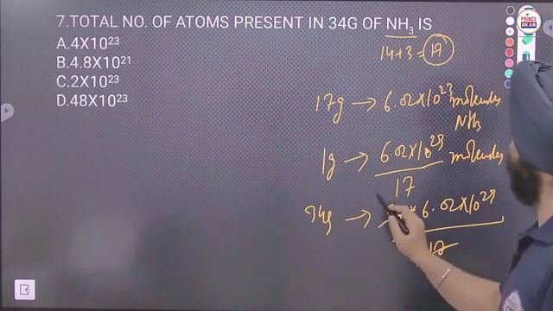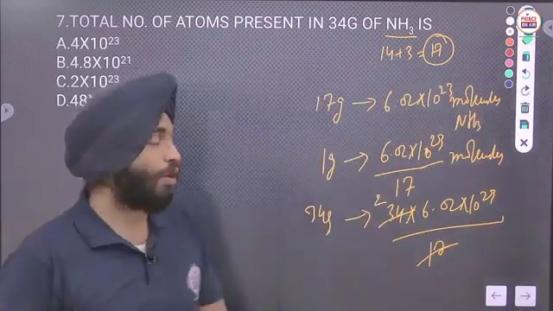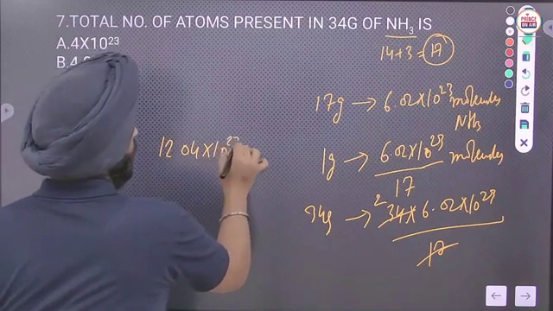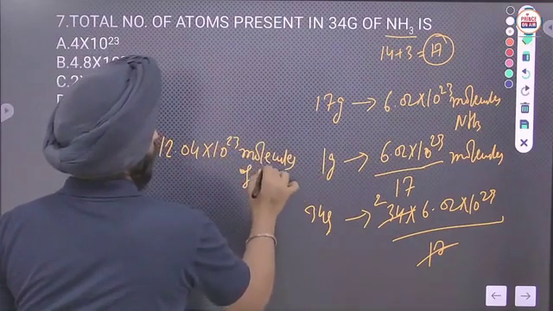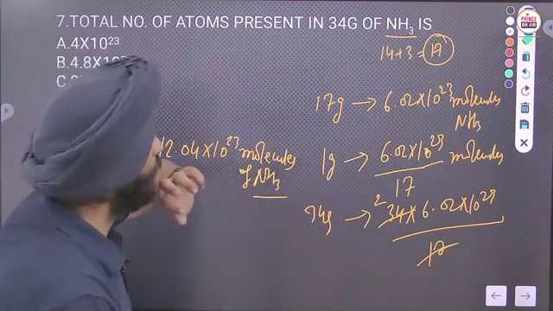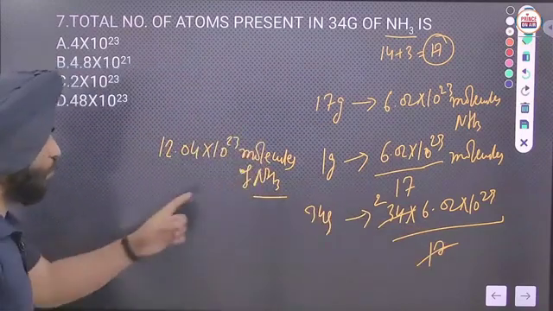It will come out to be 2, and the value will come out to be 12.04 into 10 raised to power 23 molecules of ammonia. Okay, clear. Now we got the number of molecules.